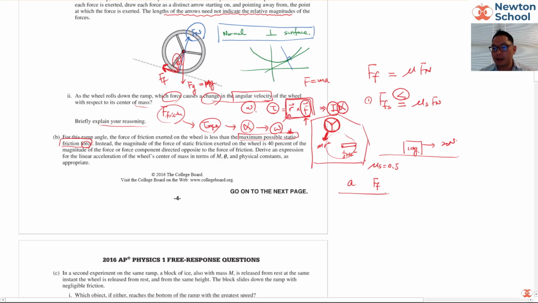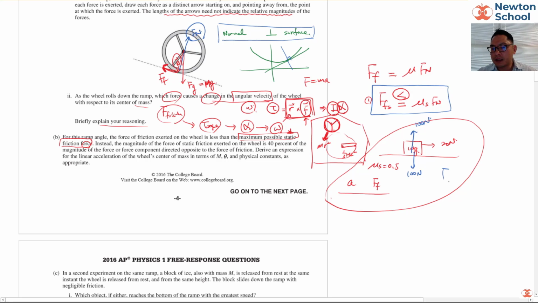Let's think about this. Right now you have gravity, which is mg, 10 kilograms, so that'll be 100 Newton. There'll be a normal force of 100 Newton. Based on this equation, your static force of friction is 100 times mu s, which I gave you as 0.5, which is 50 Newton.